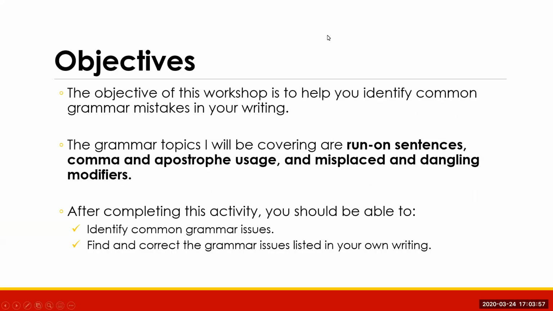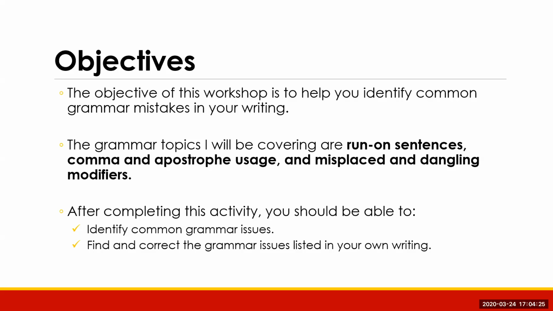So the objective of this workshop is to help you identify common grammar mistakes you might see in your writing. Obviously, there are many grammar and punctuation concepts, but we are only going to cover the following, just because these are the ones that we see a lot of students have trouble understanding and mastering. The few that we're covering today are run-on sentences, comma and apostrophe usage, and misplaced and dangling modifiers.